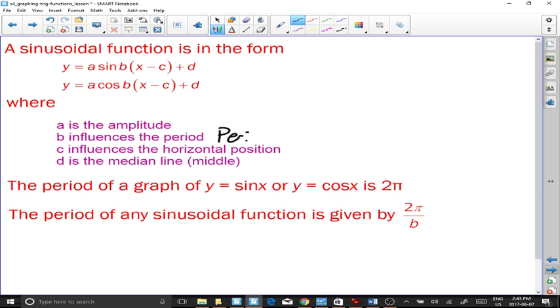Specifically, the period is equal to 2 pi over B. And if we need the other form, if we rearrange it, B is equal to 2 pi over the period. That's just a rearrangement of the first formula.